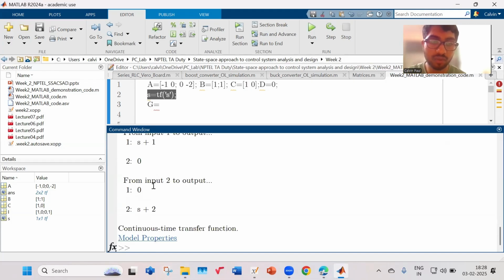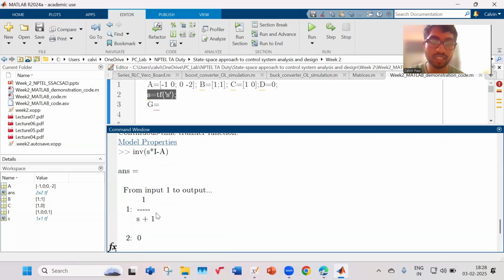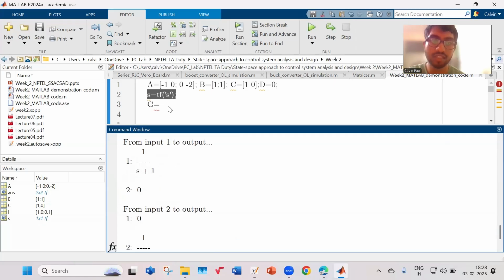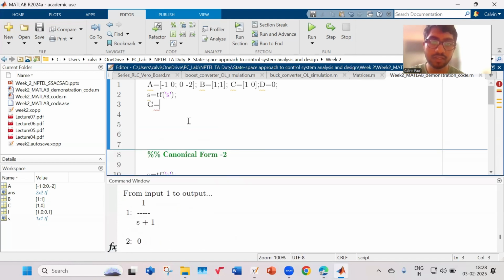It comes in this format, okay? Also, if you want to find the inverse, the formula is inv of (s*I minus A). So this is the inverse of sI minus A. Now let us find the overall transfer function. We will give it as C*inv(s*eye(2) minus A)*B.